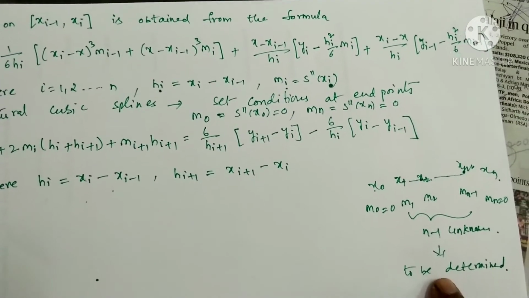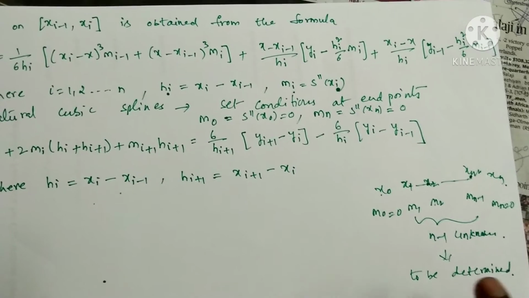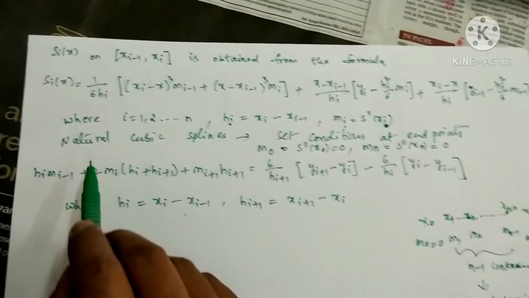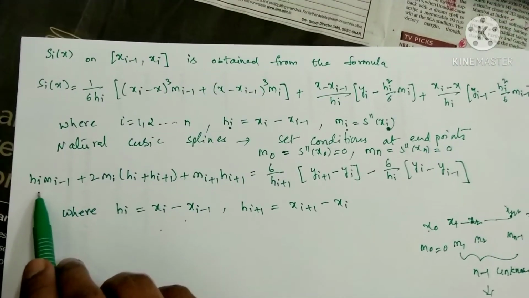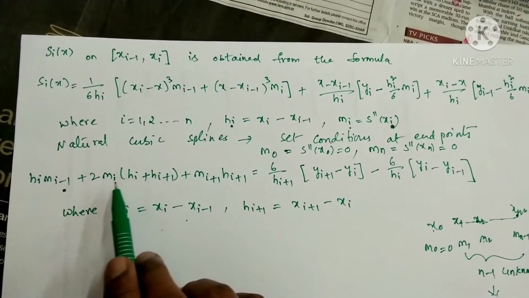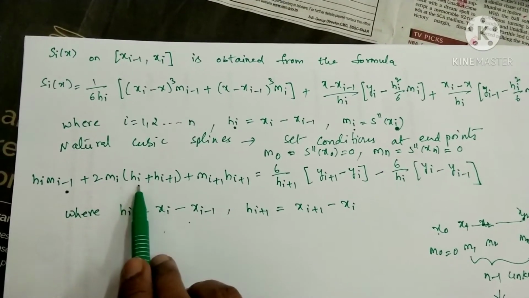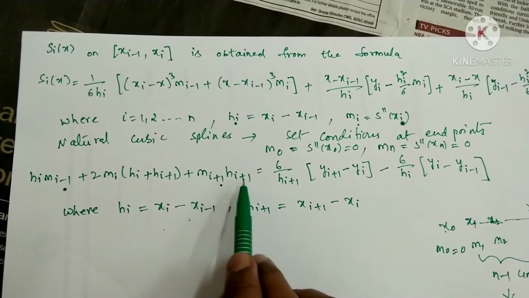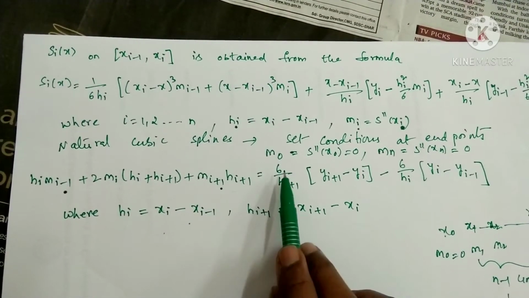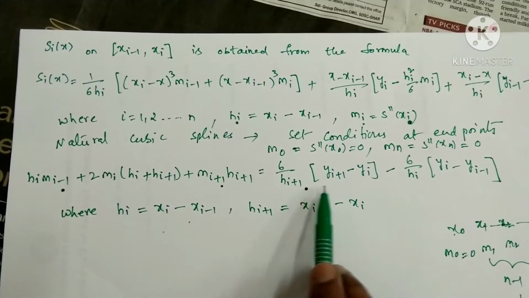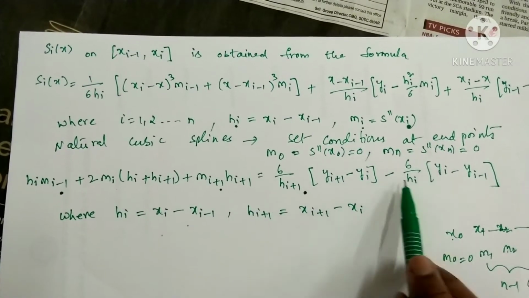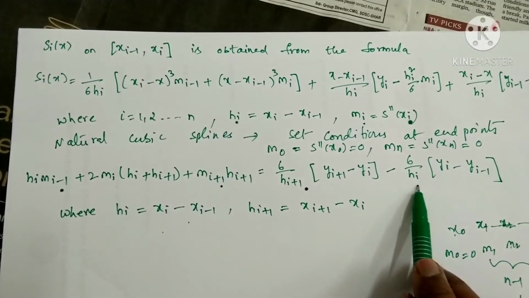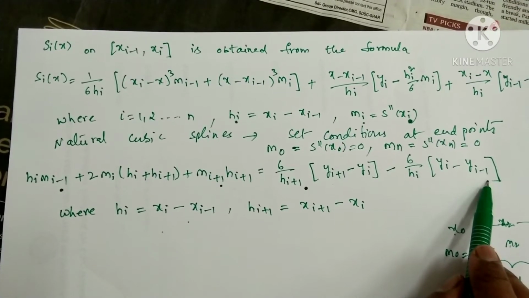for which we use a recursive formula: hi M(i-1) + 2Mi (hi + h(i+1)) + M(i+1) h(i+1) = 6/h(i+1) (y(i+1) - yi) - 6/hi (yi - y(i-1)).